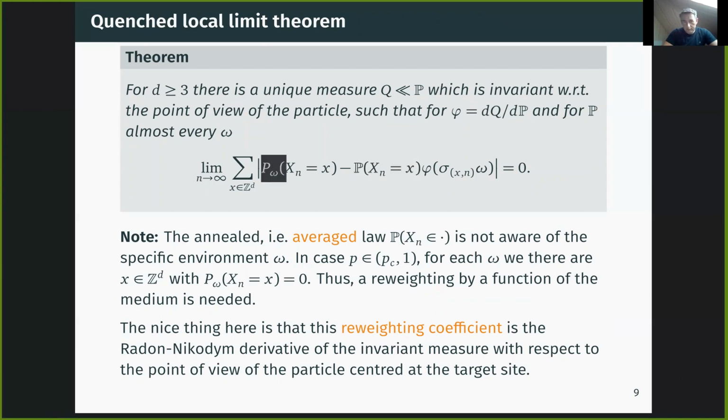And for this quenched law, for each omega, there are some points x at time n which cannot be reached by the random walk, so that this probability is 0. So it is clear that some reweighting which takes account of the environment is needed. And the nice fact here is that this reweighting is given by this Radon-Nikodym derivative.